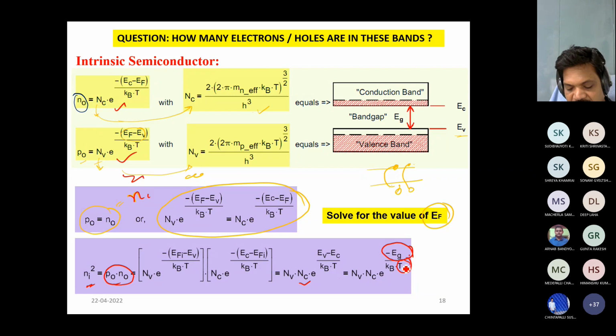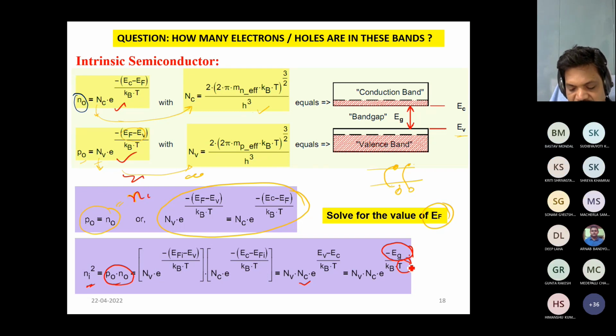Also, if you see from this expression, if you increase temperature, will it increase the number of electrons or decrease the number of electrons? Increase.